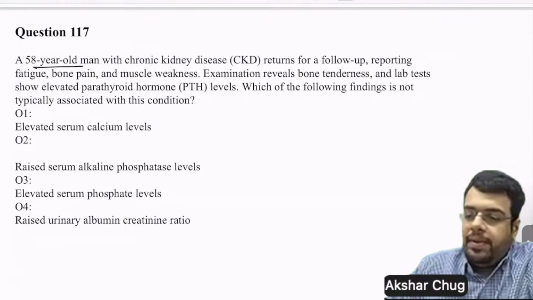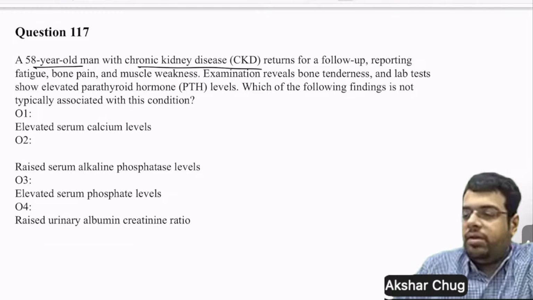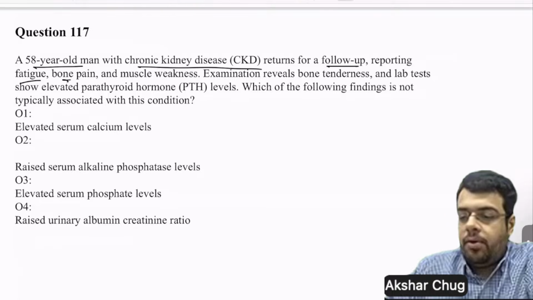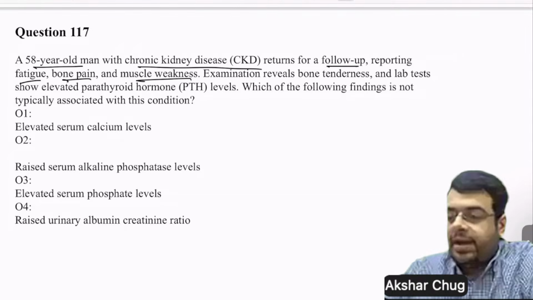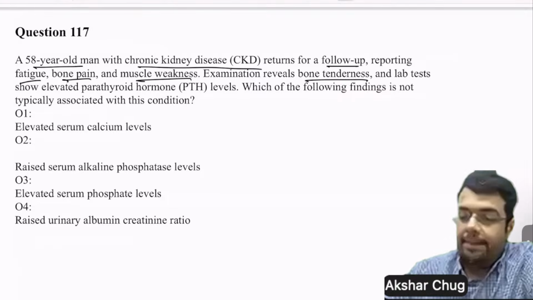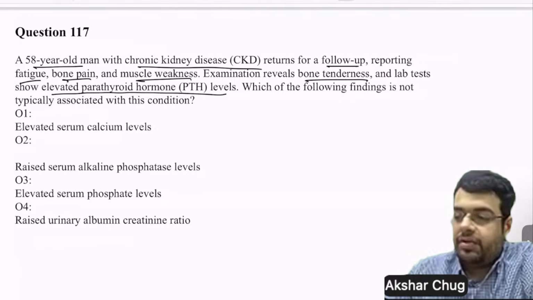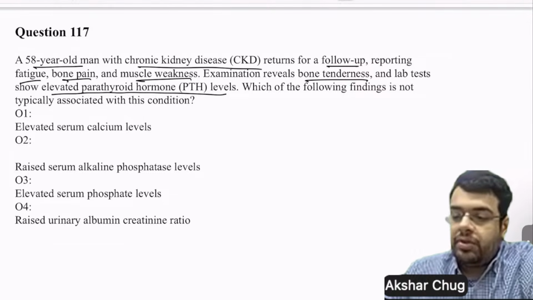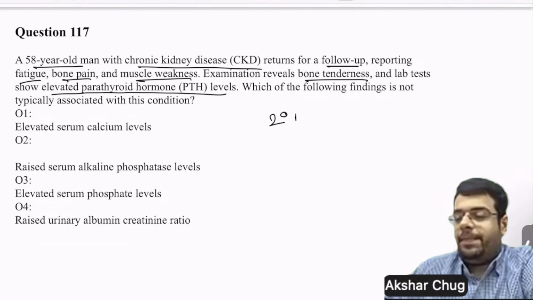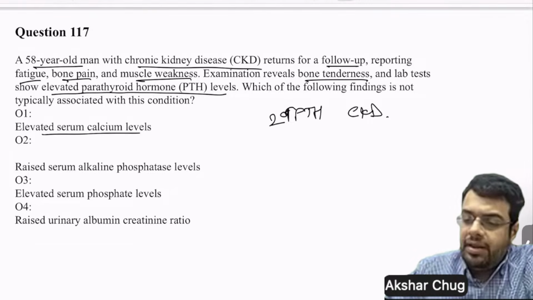A 58-year-old male with CKD returns for a follow-up reporting fatigue, bone pain, muscle weakness. Examination reveals bone tenderness. Lab tests show elevated parathyroid levels. Which of the following is not typically associated with this condition? So this is secondary hyperparathyroidism, secondary to CKD. Elevated serum calcium, okay, this would be seen.